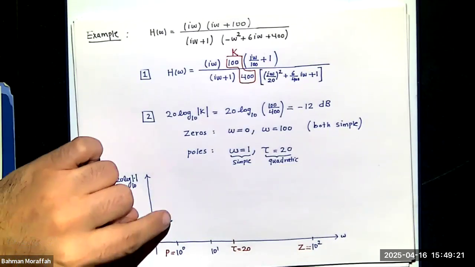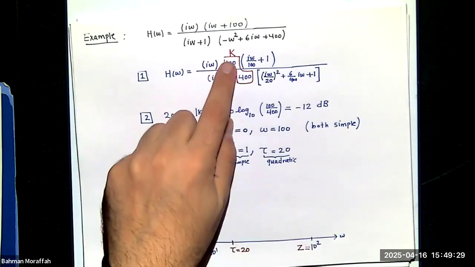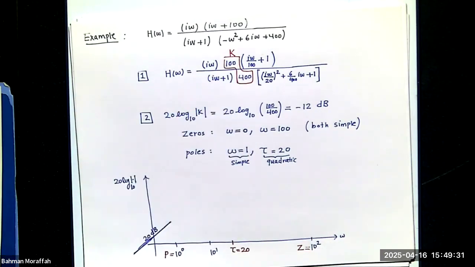But remember, this 20 dB that's going from minus infinity should be on top of this constant value that I have, because I'm adding it to that point. So it should be carried over this minus 12 dB, right?